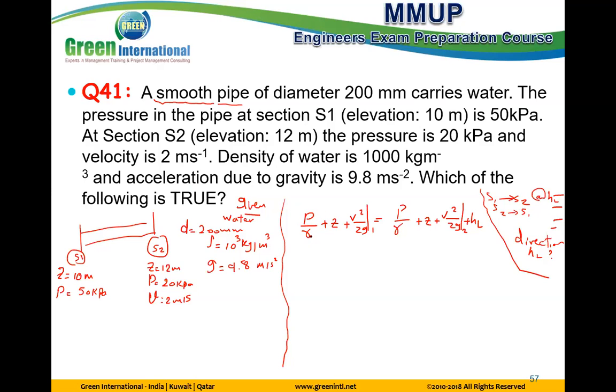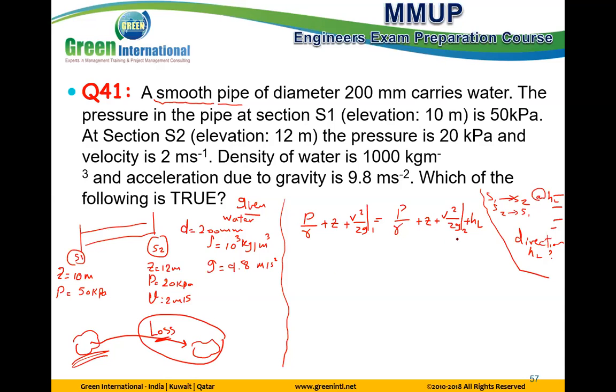Okay, so we need to substitute directly. After substitution, how do we know the direction of the flow? The concept is, if we have energy here and this energy goes to another point, the energy at the end is expected to be less due to friction loss. So all the time, state 1 equals state 2 plus losses.